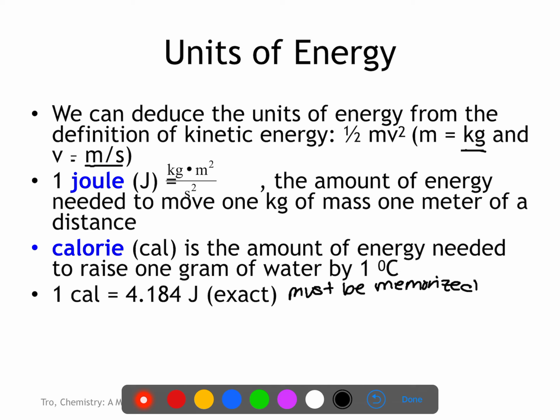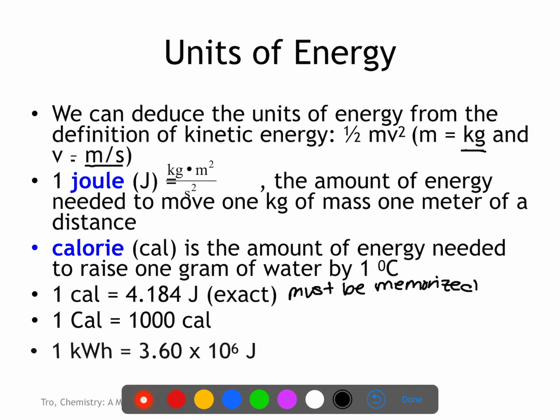Now, the difference between the calories of this type of energy and heat and the Calories on the nutritional labels of the foods that you eat is a factor of 1,000. So 1 Calorie, uppercase, the ones that we see on nutritional labels, is 1,000 lowercase calories. And when you're thinking about light bulbs, that energy is in kilowatt-hours, and that conversion is 1 kilowatt-hour is equal to 3.60 times 10 to the 6 joules.